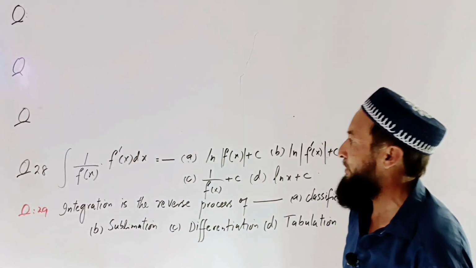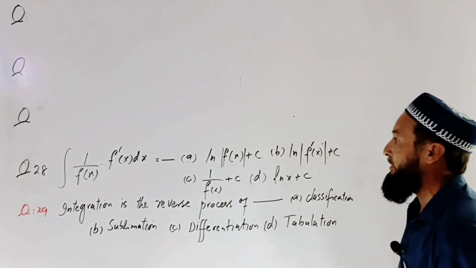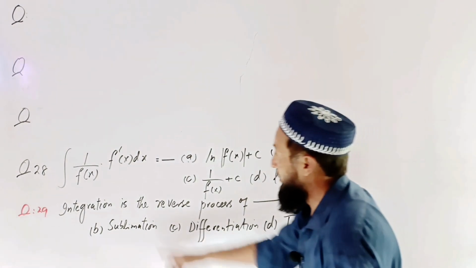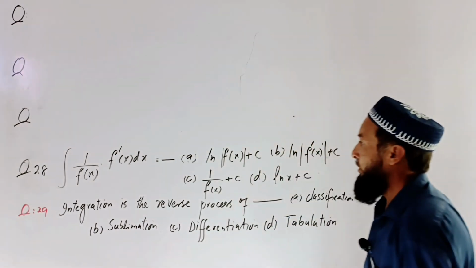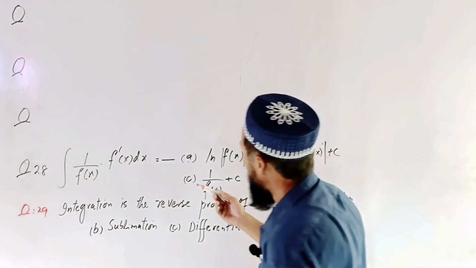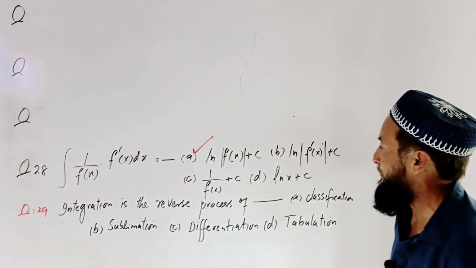Number 28, integration of 1 by f of x, where f of x is in the denominator and its derivative is given in the numerator. That is the formula: we have log of f of x plus c.